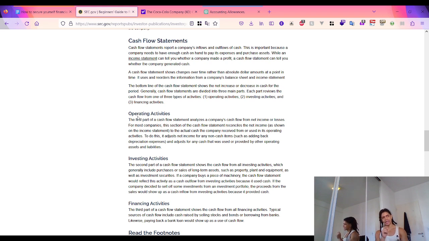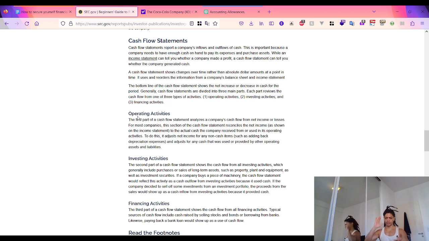The operating activities section is the first part of the cash flow statement, and it analyzes the company's net earnings from the income statement and reconciles them with the actual cash a company receives or uses in its operating activities.